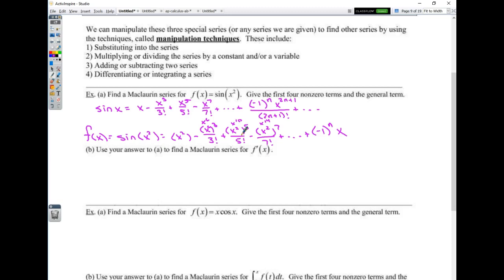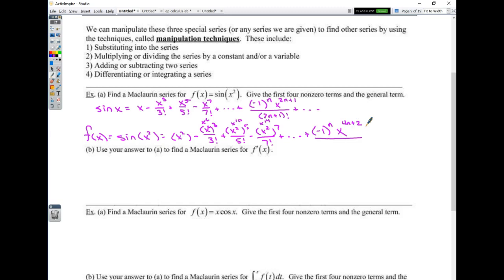What is my new x power going to be? It wouldn't be 2n this time, because 2n would give me 0, 2, 4, 6, 8, 10. Almost. 4n plus 2 would work.